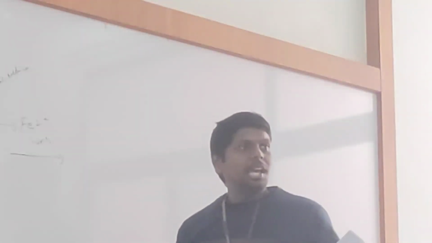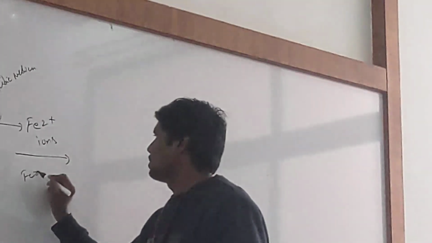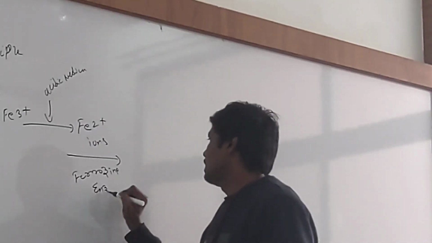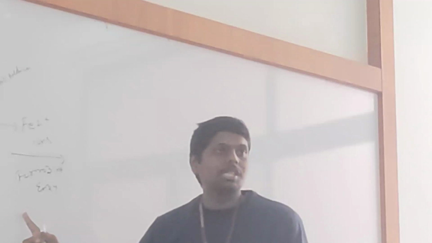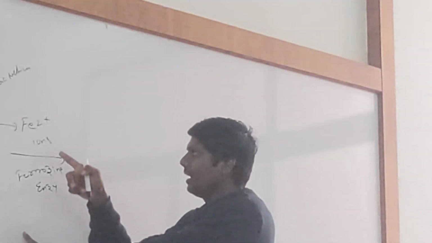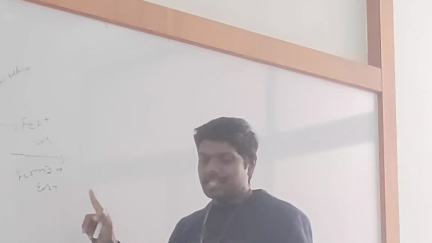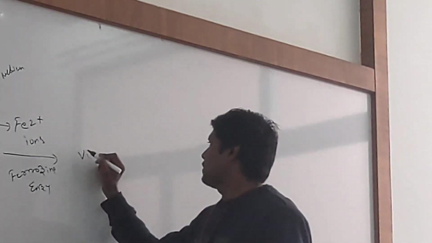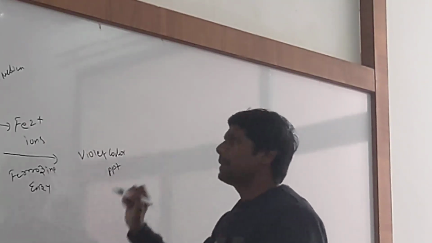Ferric ions react with a reagent called ferrozine. Ferrozine, okay? Reagent ferrozine. Ferric ions react with ferrozine, resulting in a violet color precipitate.